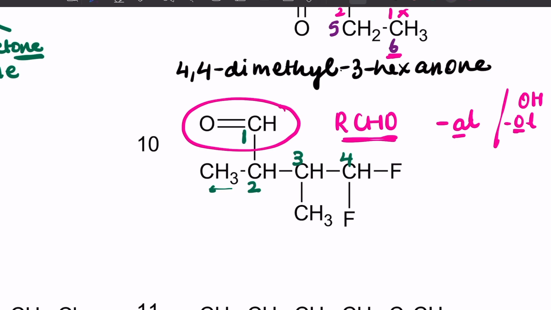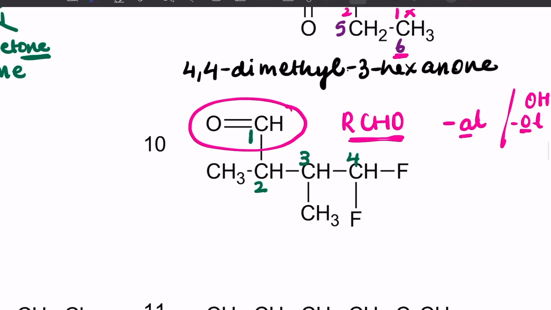You can ask yourself the question, once I'm here at 3, should I go down to 4? No, you should not, because if you did, you would get a much more complicated substituent and you do not want that. Since in both cases, you're getting a 4 carbon atom chain, you should pick the carbon chain that gives you the least complex substituents. Or another way of looking at that is to think of picking the carbon chain that gives you the most number of substituents. So then this is a butanal.